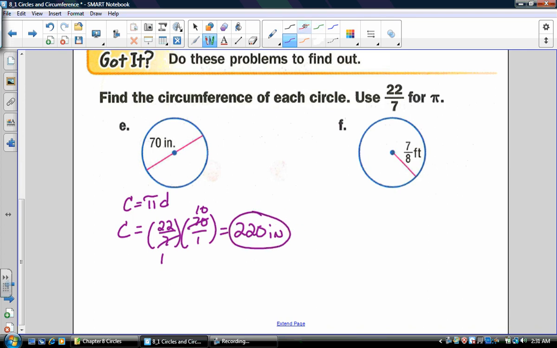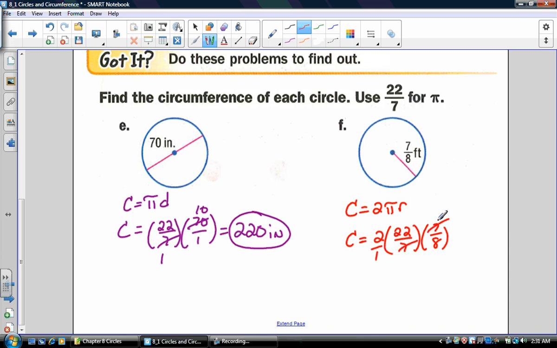Right? The next example, we're given a radius. And if we're given a radius, we're going to use the following formula. Circumference is 2 times pi times r. So circumference is going to be equal to 2. We're told to use 22/7 for pi. And then times the radius, which is 7/8. All right, let's see what we can divide out here. Put the 2 over 1.